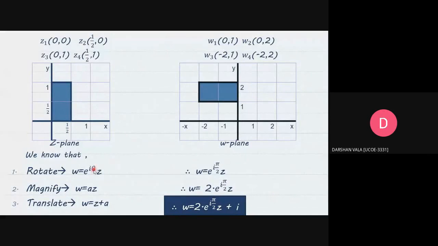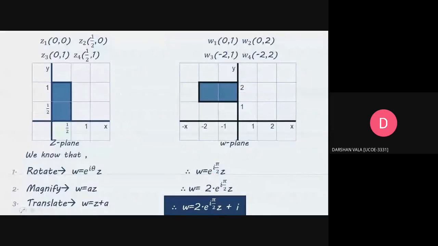So how to get its image? If we compare both planes, we see that first of all the rectangle is rotated by 90 degrees. So in the rotation equation, that is w is equal to e raised to i theta into z, we put theta is equal to pi by 2.